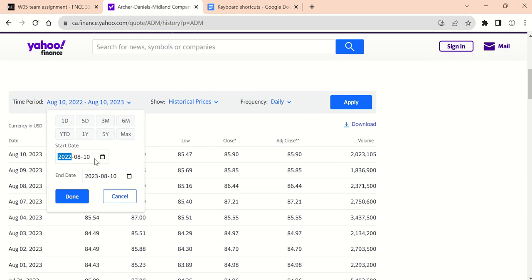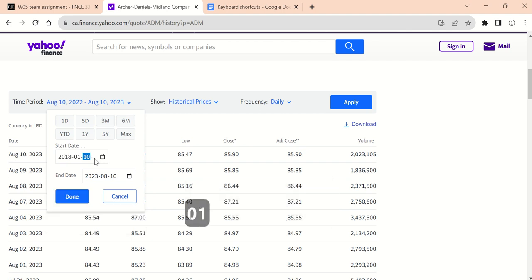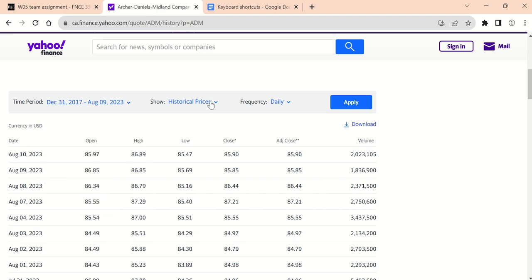So right now it's 2023, so that's 2018, and then tab over to the month is 01, and then the day is 01. And then the end date, just keep it as is. And then change it from historical prices to dividends only, and then from daily to monthly, and then apply.